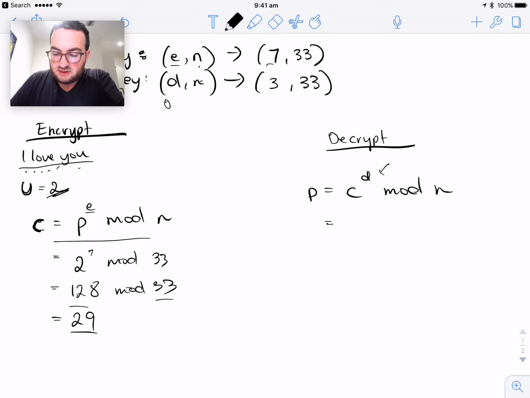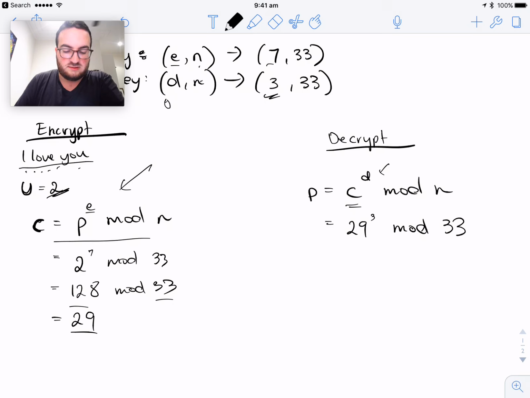To decrypt it, I move it over here and we look at C. C was 29, we just figured that out. Let's raise it to the power of D. D is 3, so let's raise it to the power of 3. And again, we just do the same thing, we mod it by 33. It's really elegant. On this side, you raise to the power of the encryption key and mod it by N. And then to decrypt it, you raise it to the power of the private key, and then mod it by N. Really elegant.